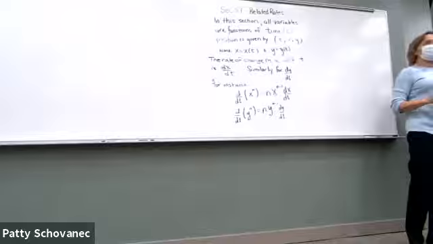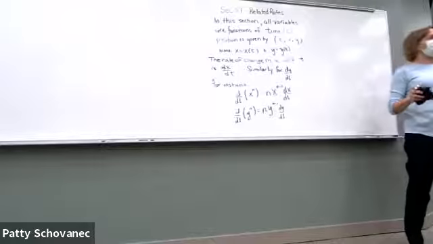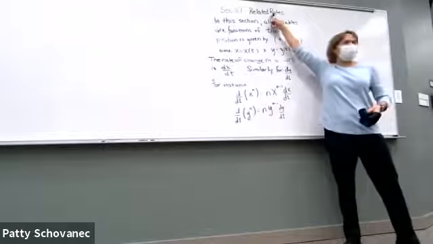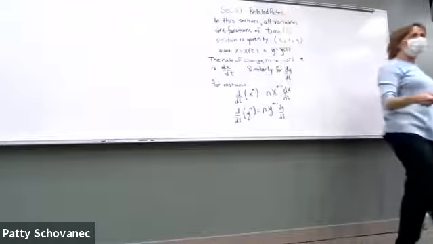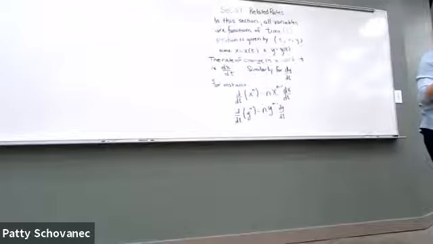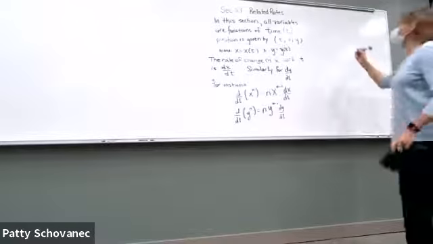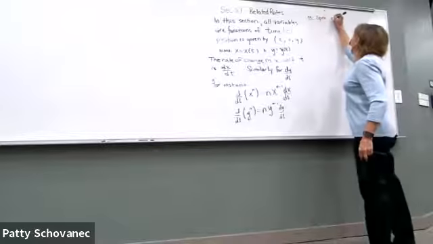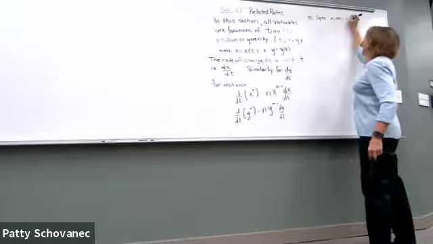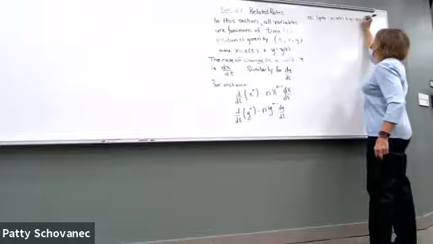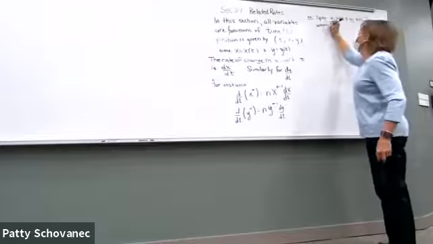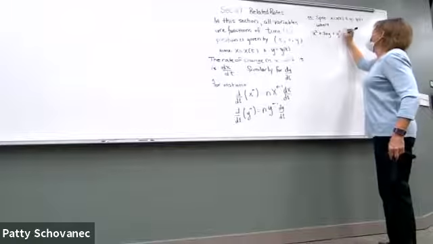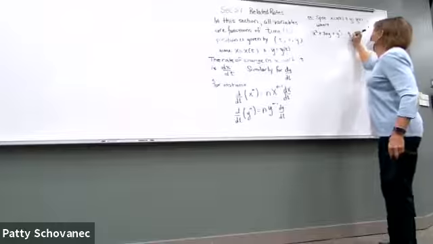In this section, we're going to have an equation that relates our variables at any time. Then we're going to look for an equation that relates their rates of change. And we generate this equation by taking derivatives. For example, suppose x is a function of time and y is a function of time, where x squared plus 3xy plus y squared is 9.